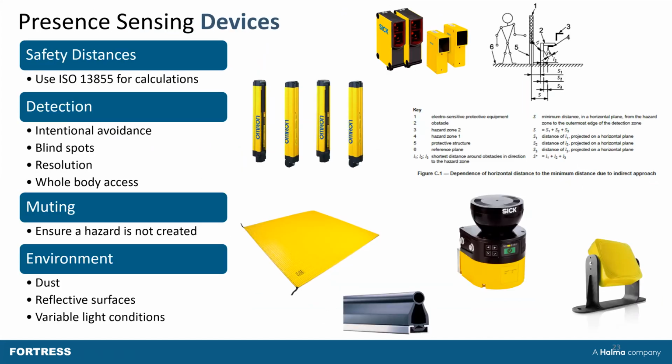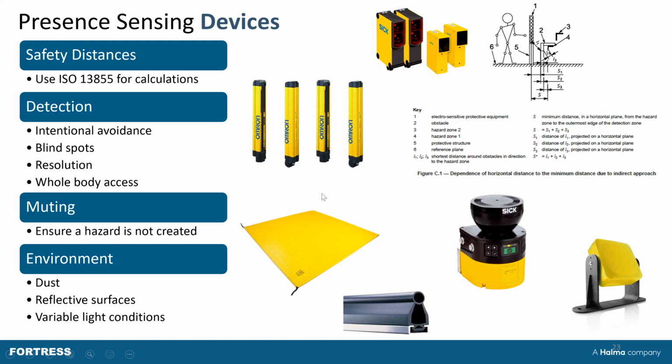So, presence sensing devices. We talked a bit about interlocks, but presence sensing devices, if you don't want movable guards, or in conjunction with those guards, are a great option as well. Here are considerations when you're looking at different presence sensing devices. I've got a few pictures of different things. You can have beams, you can have curtains, you can have laser scanners, you can have radar, and then pressure sensitive things as well.